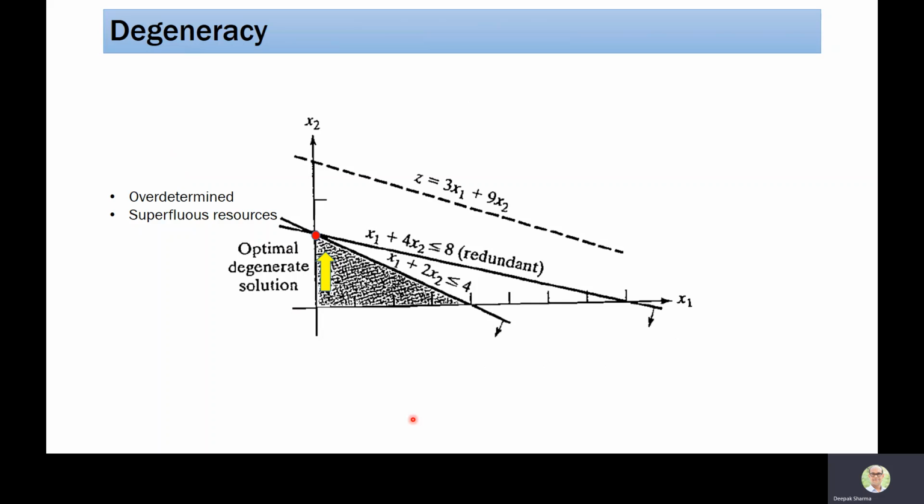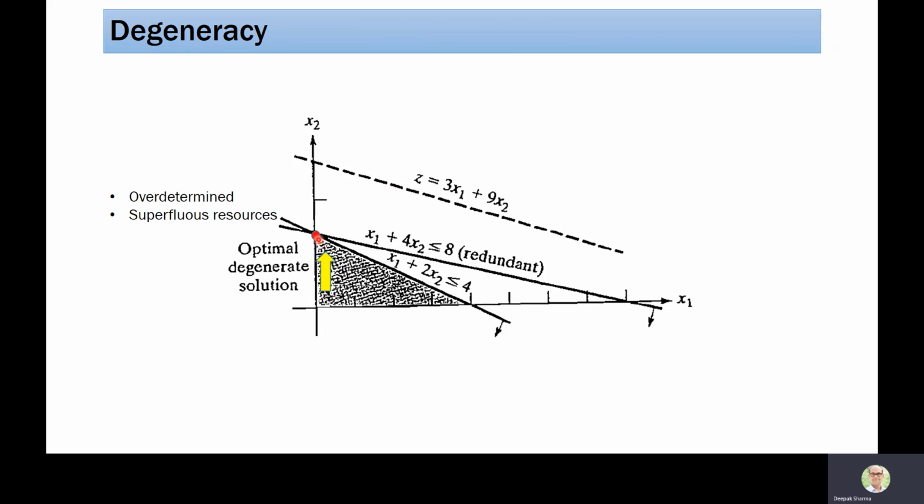Now, if we look at the degenerate case graphically, we have two constraints as given here, and our objective function is given like this. This dashed line is showing the slope of the objective function. Because this is a maximization problem, from the origin I will be moving away.